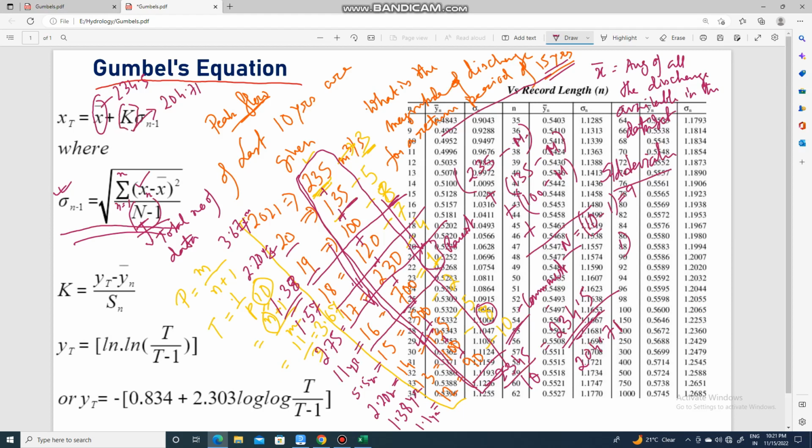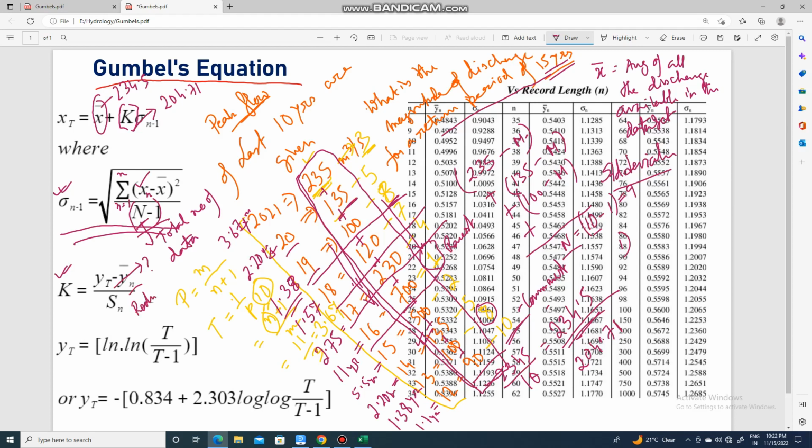K is the frequency factor. In Gumbel's equation, K is solved by applying this formula: K equals Y minus Yn mean divided by Sn. So what is this Yn? Yn is known as the reduced mean.